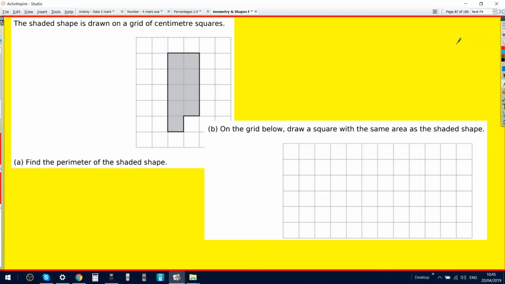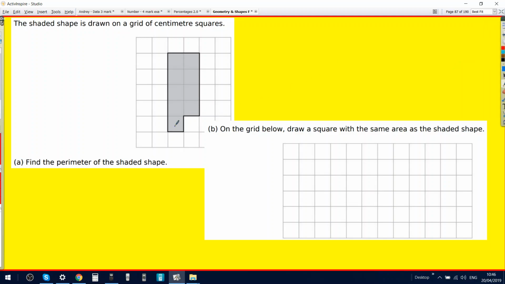Okay, let's do this. Which one? Both of them. They're kind of connected. So find the perimeter of the shaded shape. So it's 2, 3, 4, 5, 6, 7. 1, 2, 3, 4, 5, 6, 7. Is it 14?